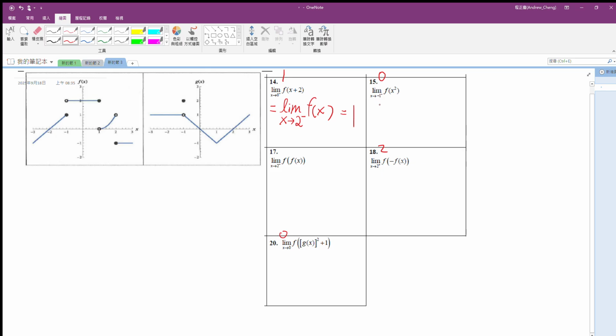Second, x approaches -1 from the negative side. The value of x approaches -1 from below. However, that would be x squared. From below means you get close from -1.1, closer to -1, becoming -1.01, -1.001 and going on.